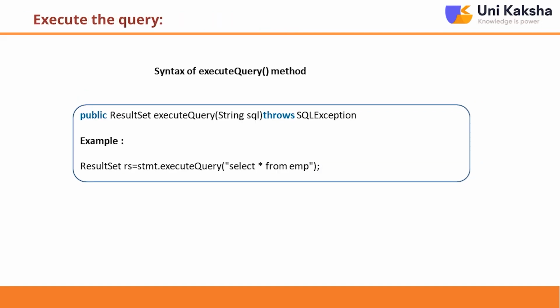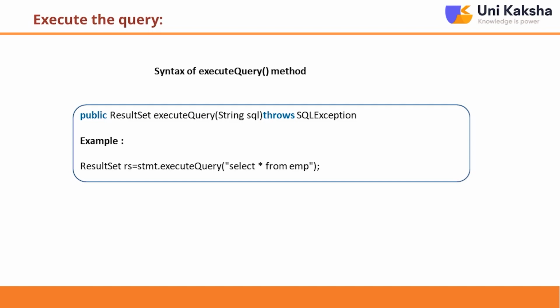Then, if you want to access the data from the database, the next step is to execute the particular query by using the executeQuery method. Here is the syntax given for the executeQuery method. As shown in the example, the executeQuery method of the Statement interface is used to execute queries to the database.